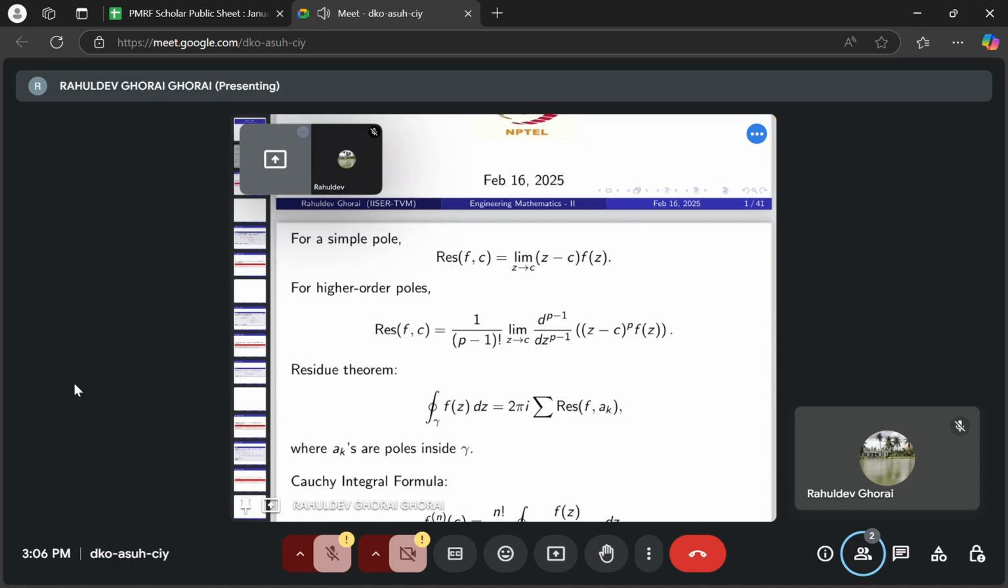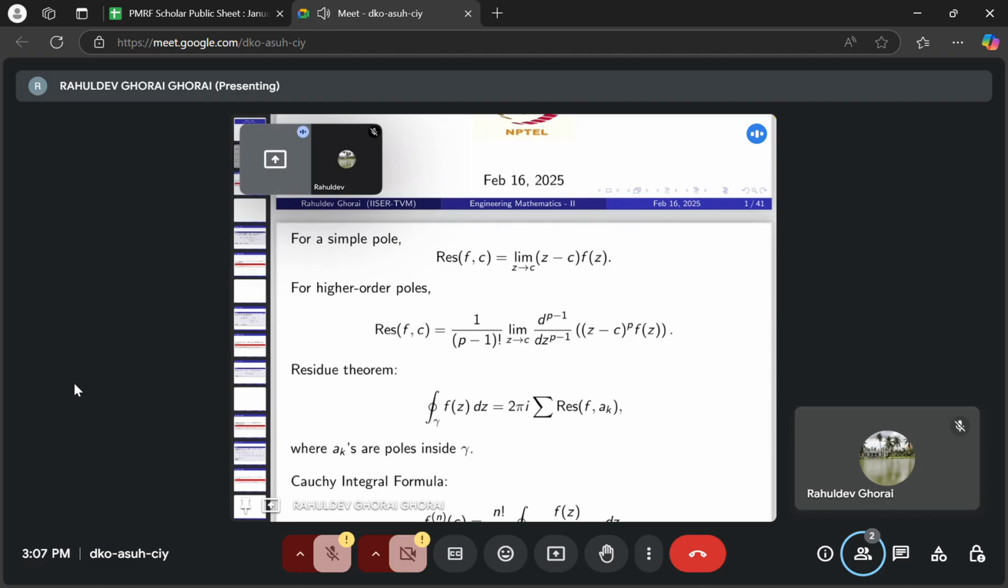So a few things we have to remember. When we have a complex valued function, we define something called residue, for a pole.